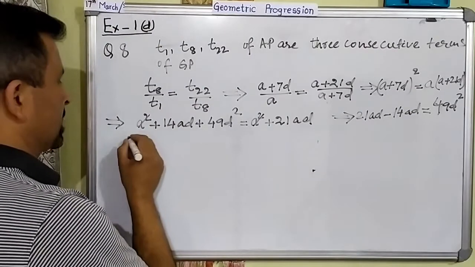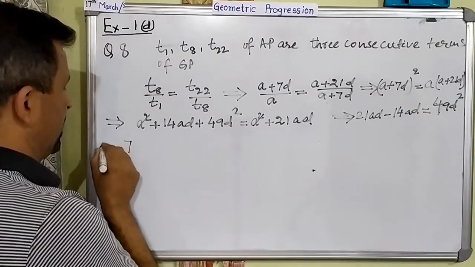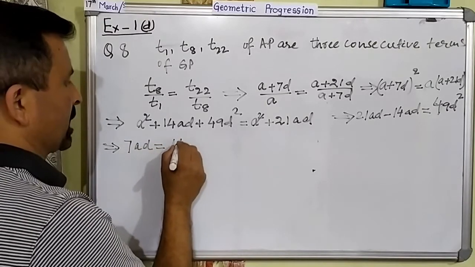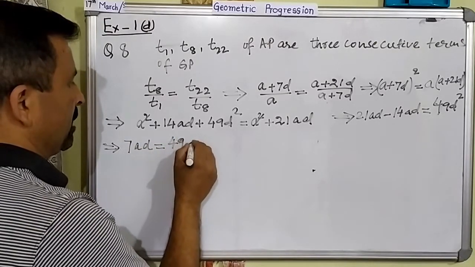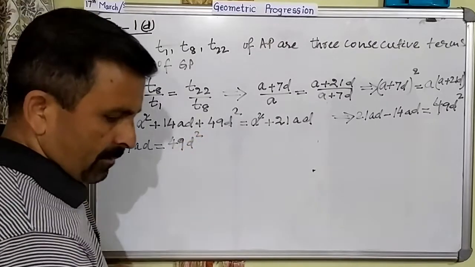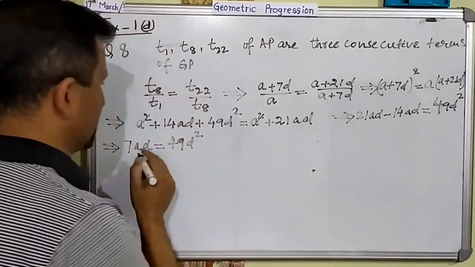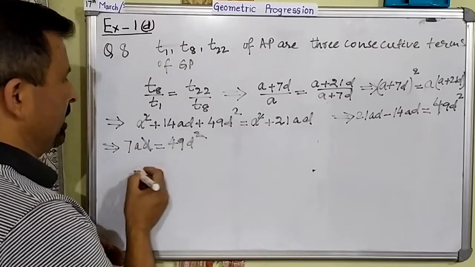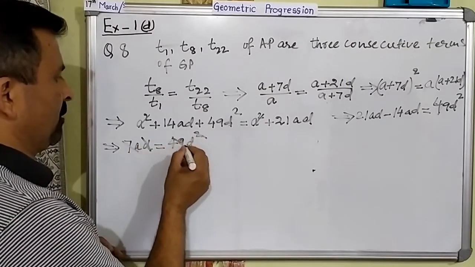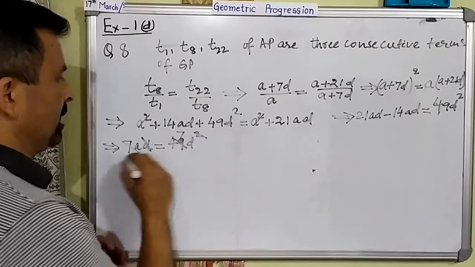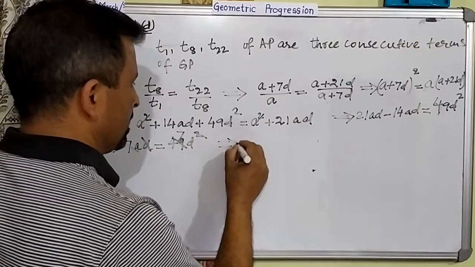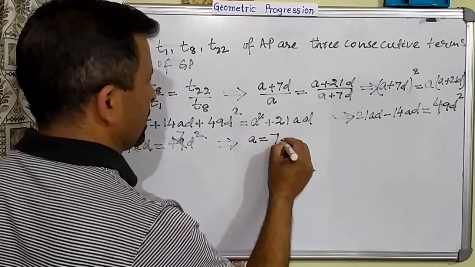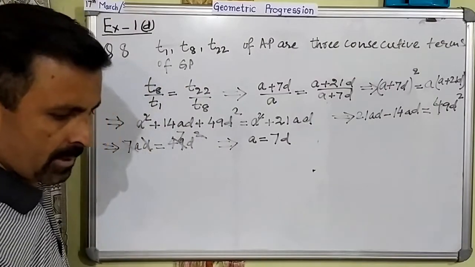So this will become 7AD is equal to 49D square. Right? Now we can simplify. This D will cancel this D, and 7 sevens are 49. Is it okay? So from here you are getting your A as equal to 7D. You got this value of A.